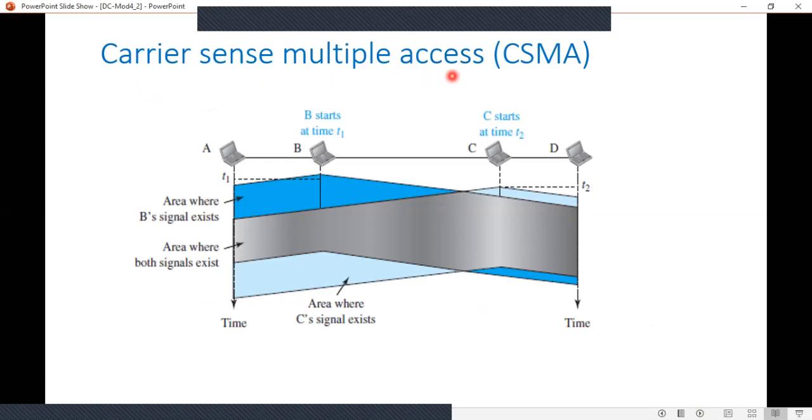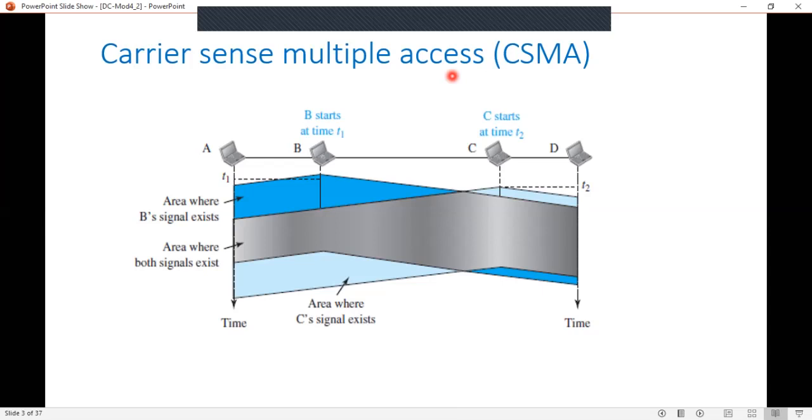Now from the earlier discussion of pure Aloha and slotted Aloha, the number of collisions was high, right? So now our aim is to reduce the collision.